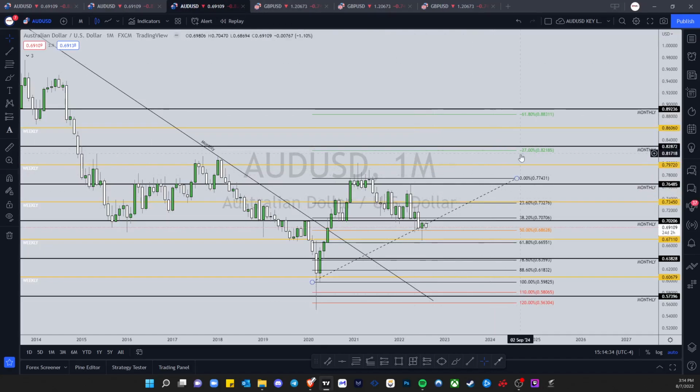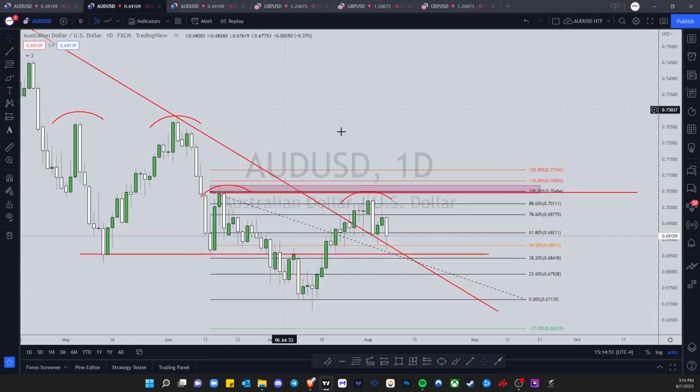On this one, this is my monthly key level chart. So pretty much I have the key levels. I might one day do a video on how I draw those key levels. Then my next chart is the daily chart.